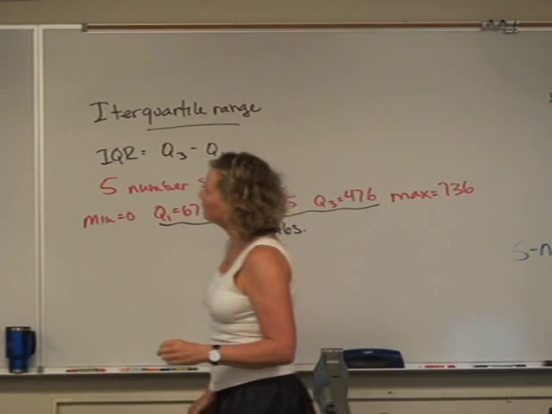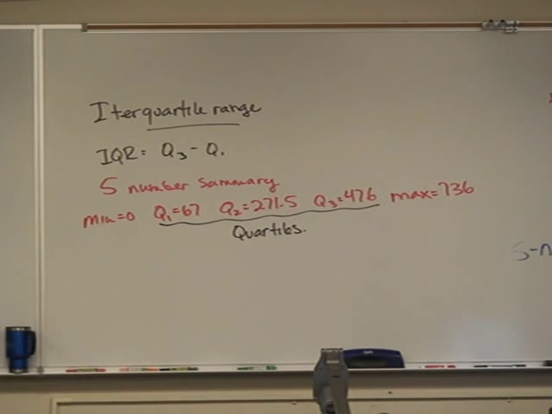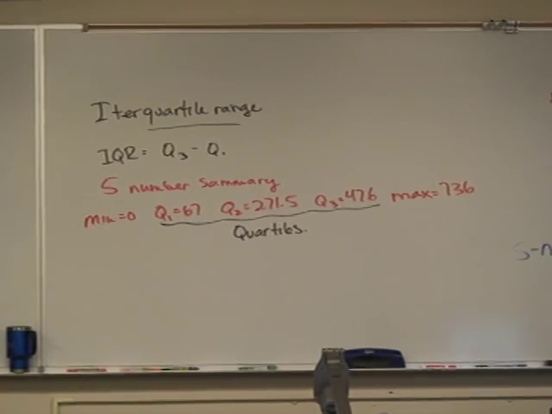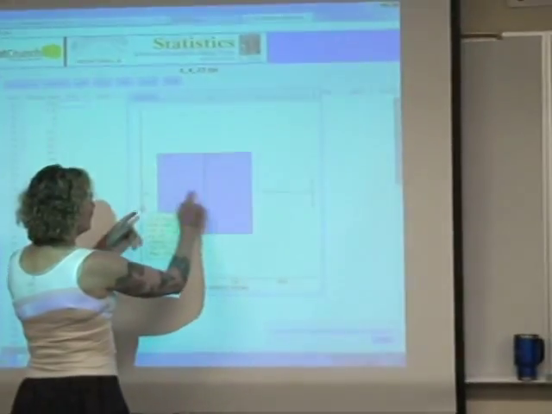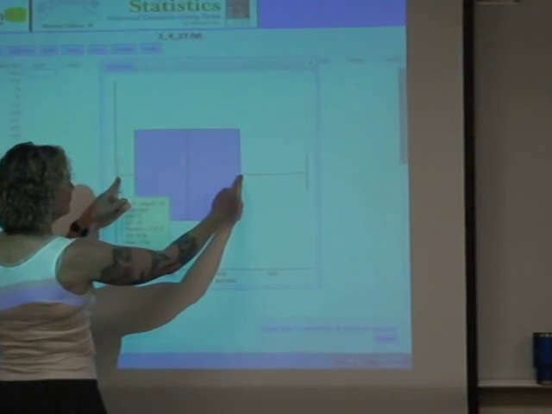Oh, and notice, the first quartile is kind of narrow. I think this thing might have a slight right skew.